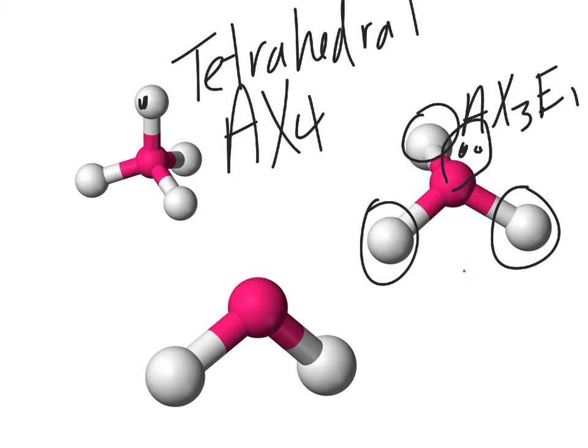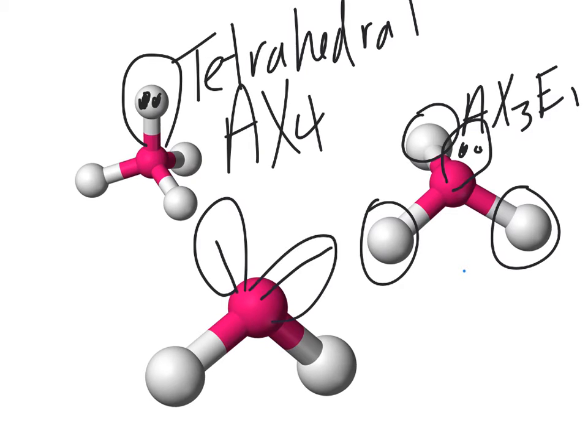It would be like if on this AX4 right here, this were the electrons that were coming out of the top right there. And then on this one right here, you have a set of electrons coming out that way and a set of electrons coming out this way. So in essence, you have a pair there and a pair there. And therefore, this is going to be an AX2E2.